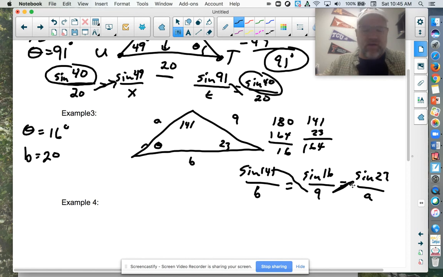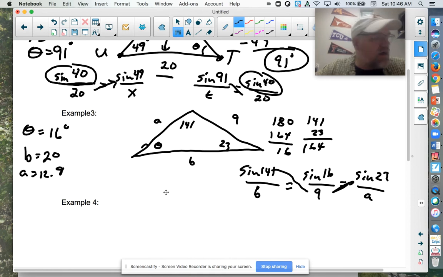So I'm going to say sine of 23 times 9 equals, divided by sine of 16 equals. And it says 12.8. So that is my a value. A is 12.8. Great, and I think I got A, B, I got everything I need.